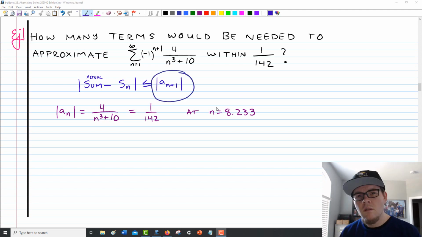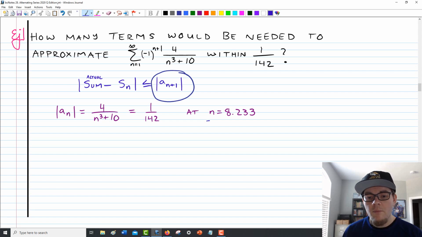So here's the thing. All we've really done so far, based on that information, is find another kind of inequality. What we've shown is that there are two terms whose magnitudes bound 1 over 142. Or at least we can now relate two terms to 1 over 142.